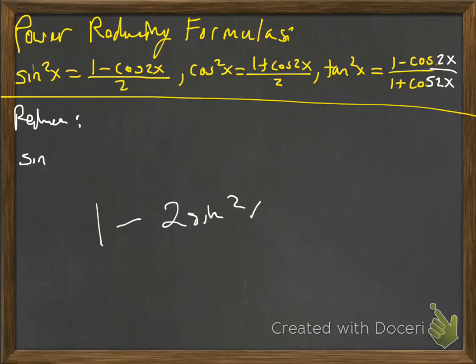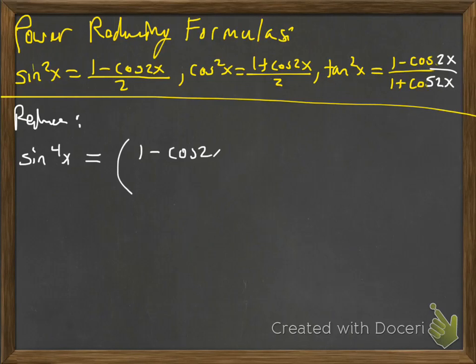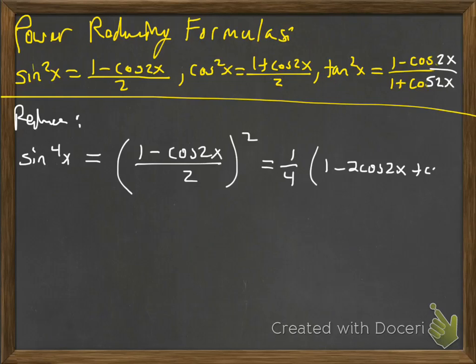So let's go ahead and reduce sine x to the 4th power. So sine squared is 1 minus cosine 2x over 2, quantity squared. So we got 2 of those, so what we'll do is we'll go ahead and FOIL that out. So the 1/2 times 1/2 is 1/4, and then 1 minus 2 cosine 2x plus cosine squared of 2x.